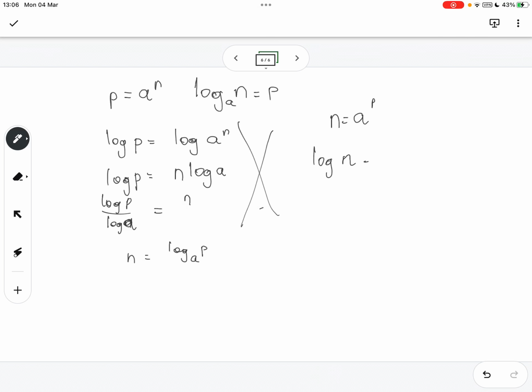So let me say swap x and y. So I have n equals a to power p. Then I can take logs on both sides. p log a, and divide by log a, equals p. Therefore p equals log n base a.